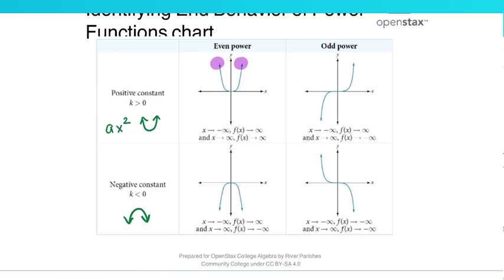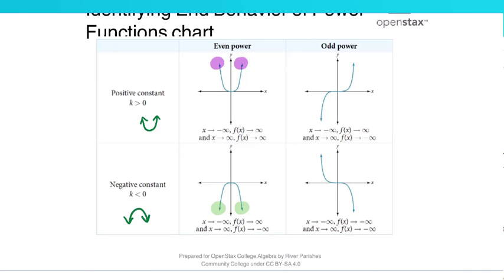And in that case, both of the ends are pointing in the same direction. I just want to show you it's the same thing. If the k is positive, the graph opens up, both ends pointing in the same direction. If k is negative, it points down, both ends pointing in the same direction.